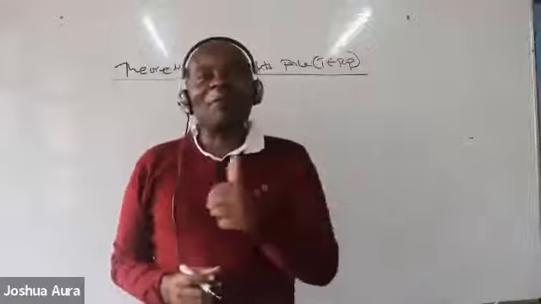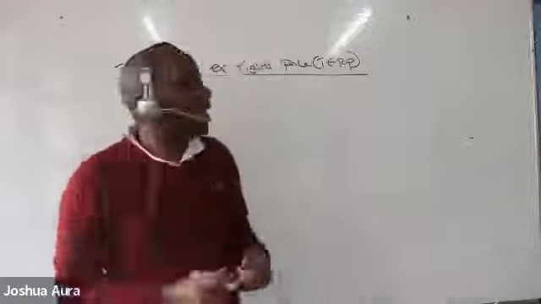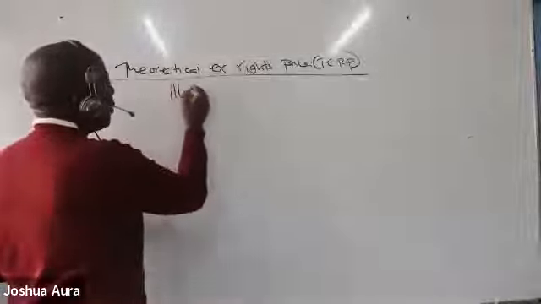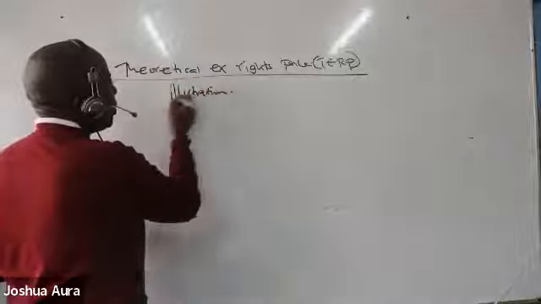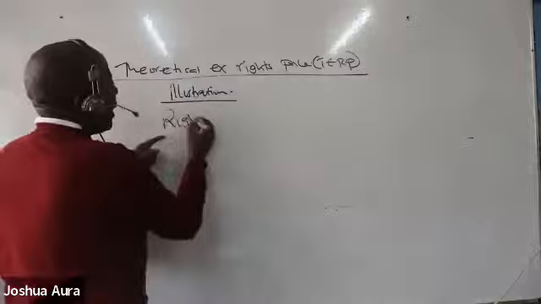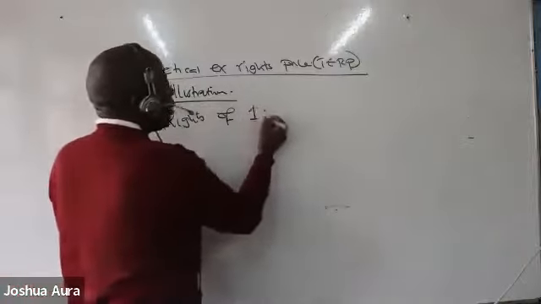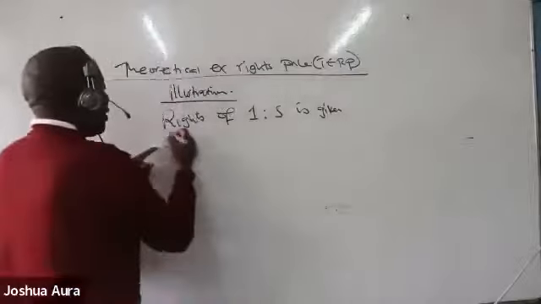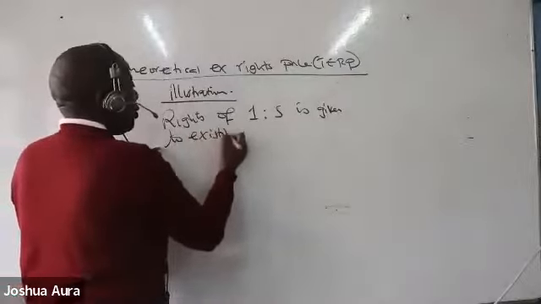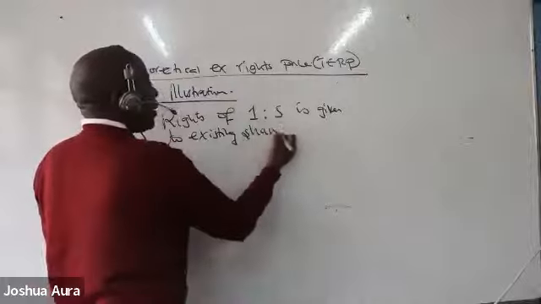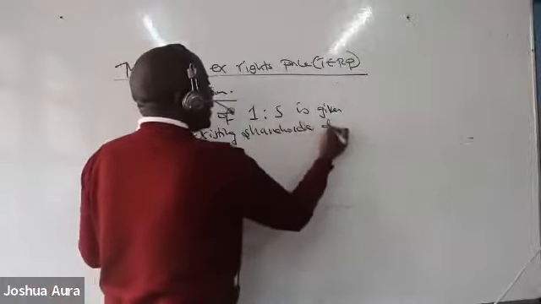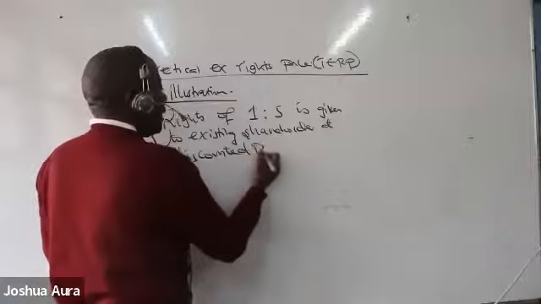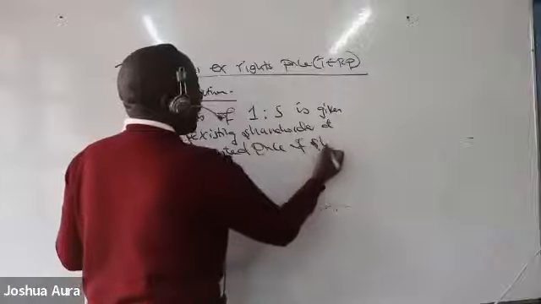So then, ladies and gentlemen, if you allow me, I'll be able to shoot a question right to you here. I would want to have a scenario, this illustration, where a rights of 1:5 is given to existing shareholders at a discounted price of shillings 8.